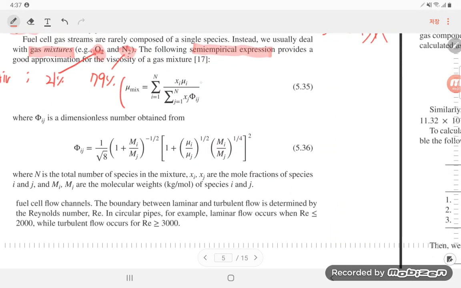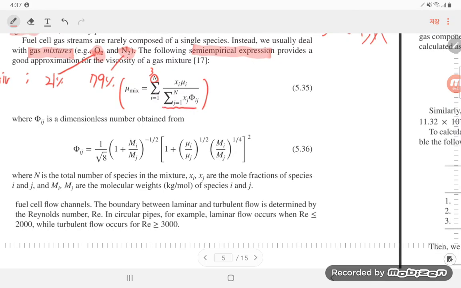And if you see this equation, if there are three gas molecules, then we can use this N as 3. And also in the denominator there are terms like this. It seems very complex, but actually it means the interaction between the mixtures.